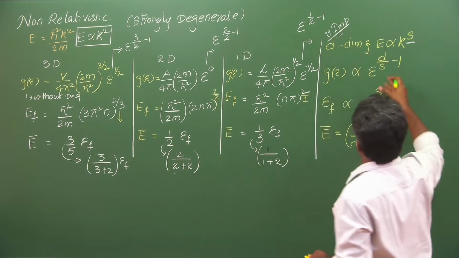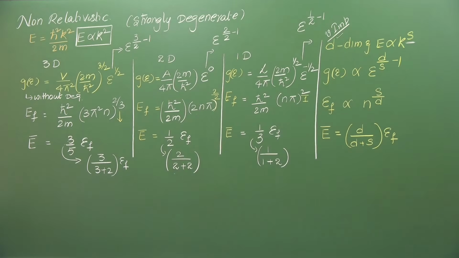Now I will ask you, within 2 minutes, please practice. Density of states proportional to E power D by S minus 1. Fermi energy proportional to N power S by D. And average energy is D by D plus S into EF.